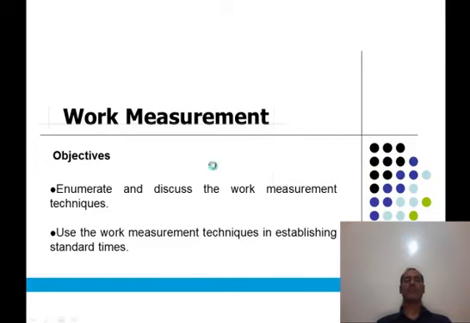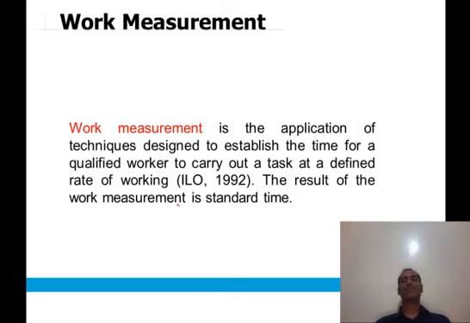Okay, we'll continue. Work measurement. What is work measurement? Work measurement in general is the application of techniques designed to establish the time for qualified work. These are the conditions. How can we determine the time standards?